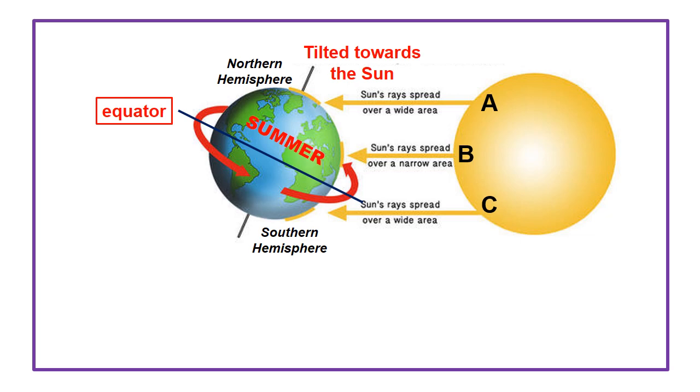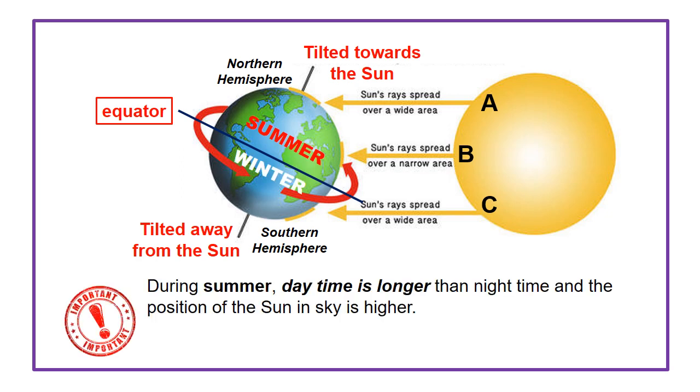Now, in southern hemisphere, it is receiving less sunlight because it is tilted away from the sun. Therefore, what do you think is the season in southern hemisphere? It is winter. Remember, during summer, daytime is longer than nighttime, and the position of the sun in the sky is higher.